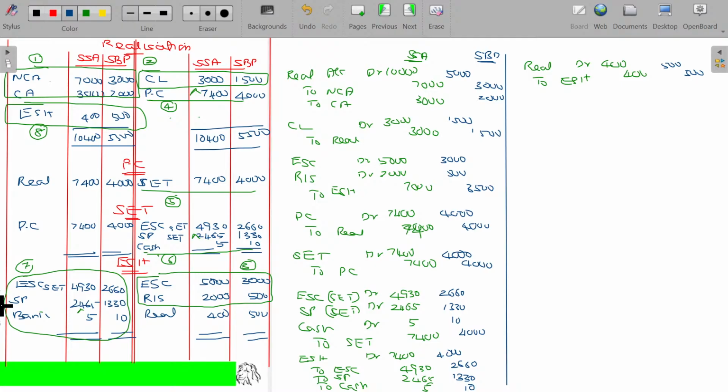Clear? So now I have to pass the entry for set company. If it is clear, text me, we will move on to the next one.